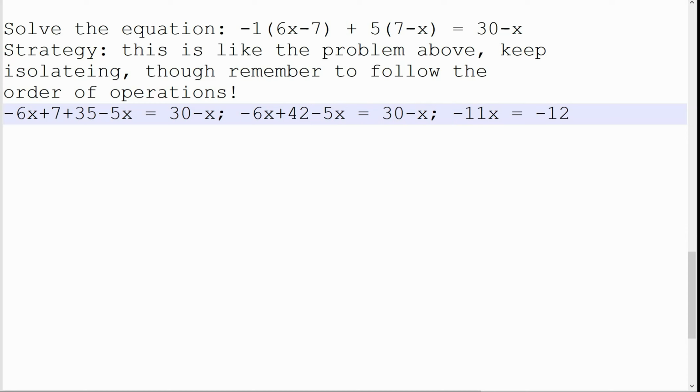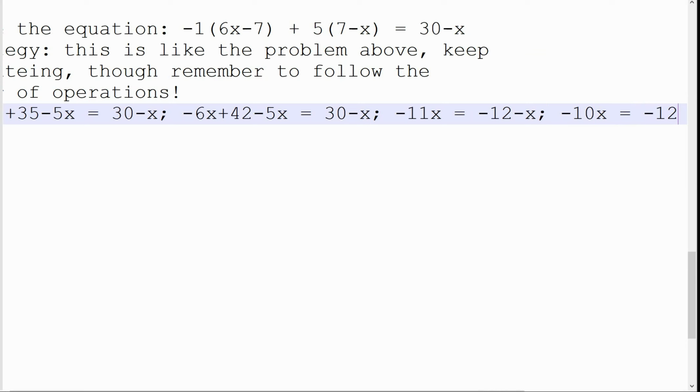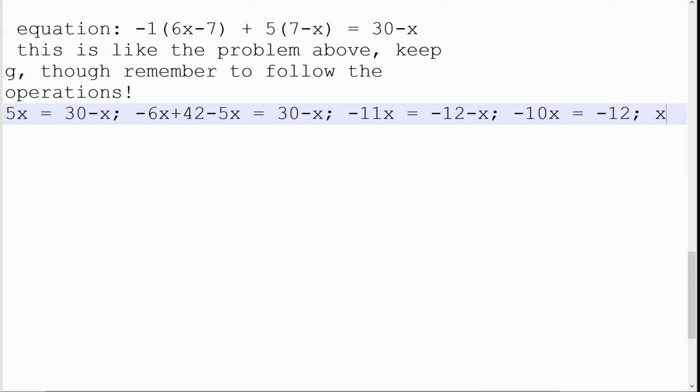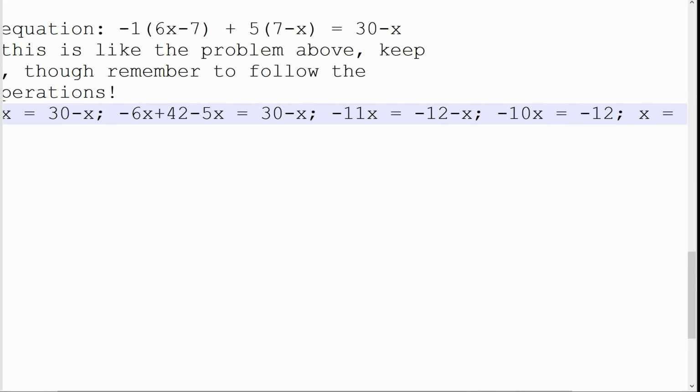Negative 12 minus x is equal to negative 10x. Oops. So x is equal to 1.2.